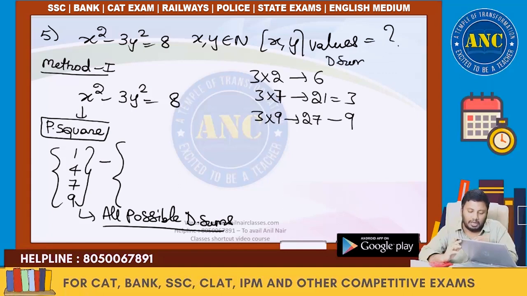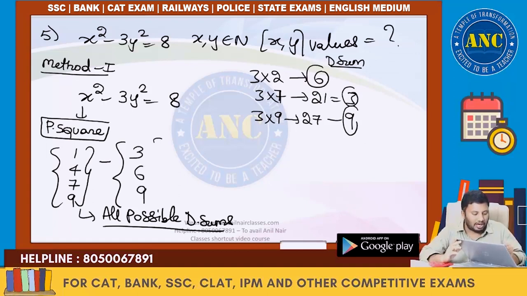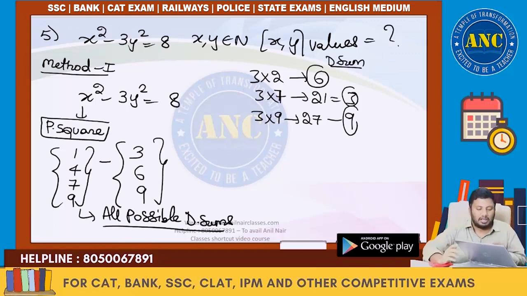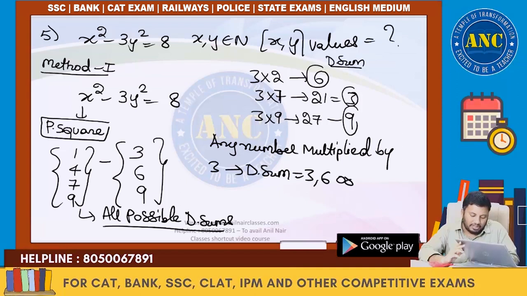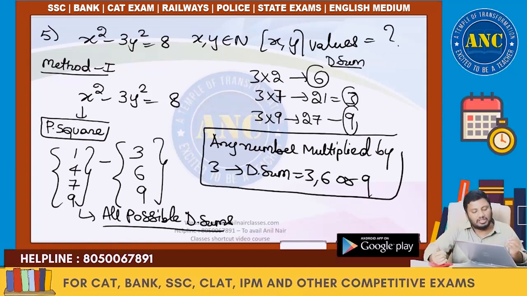Any number multiplied by 3, the possible digital sum is 3, 6 or 9. If you multiply any number by 3, digital sum will always be 3, 6 or 9.